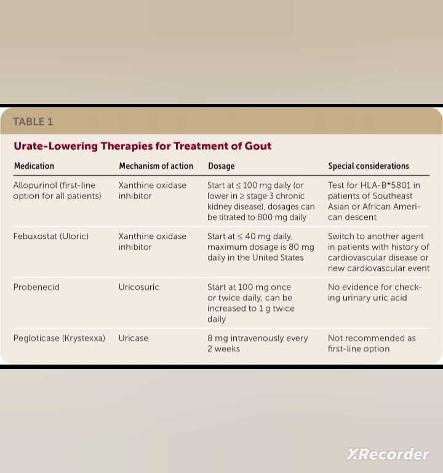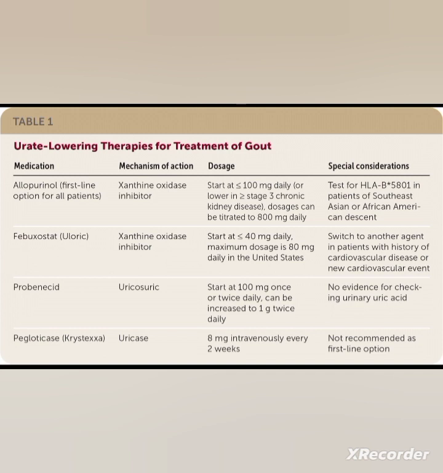The management of gout includes collaborative therapy, joint immobilization, local application of heat or cold, joint aspiration and intra-articular corticosteroids. Then drug therapy includes non-steroidal anti-inflammatory drugs, naproxen, which helps in acute attack, then steroids, especially prednisolone.